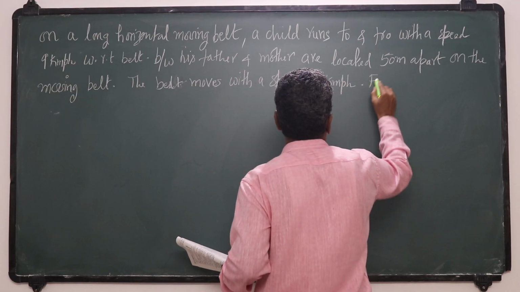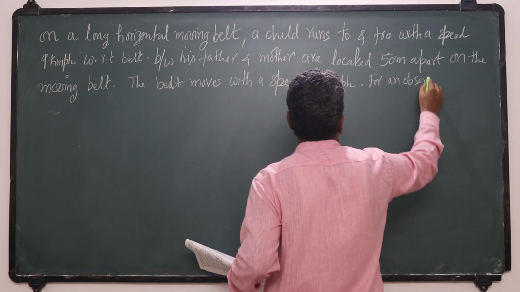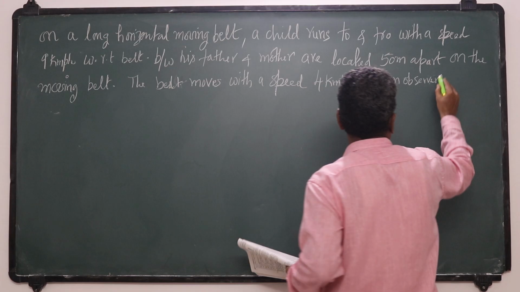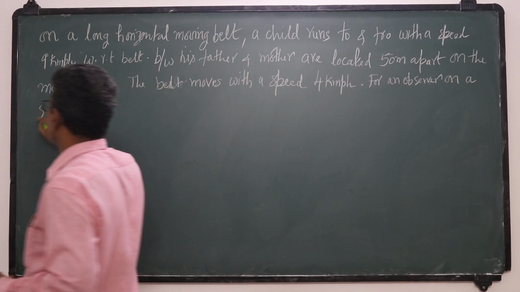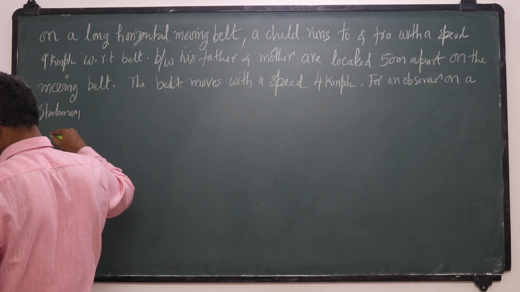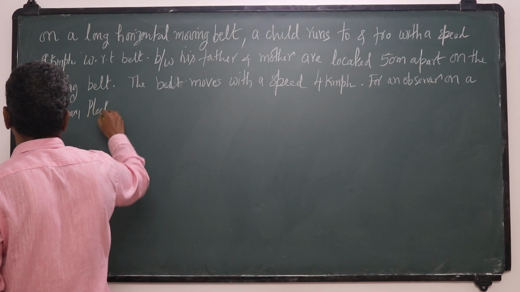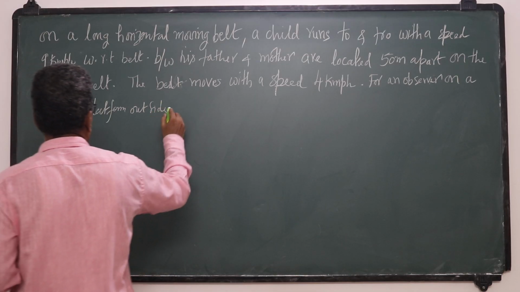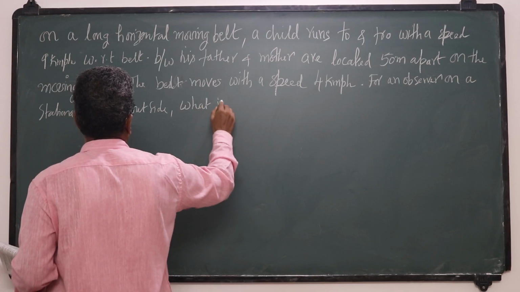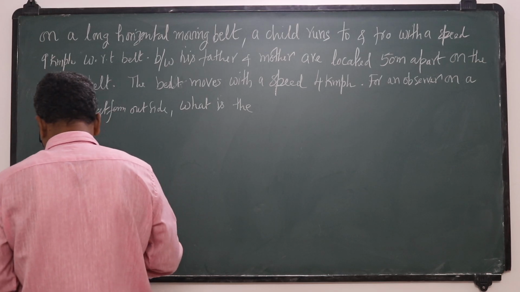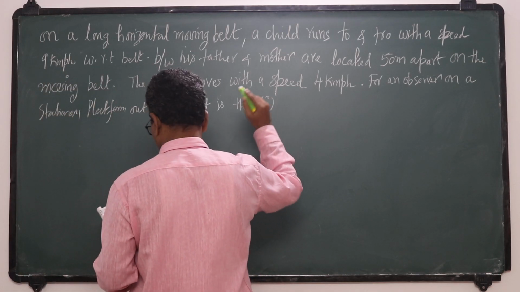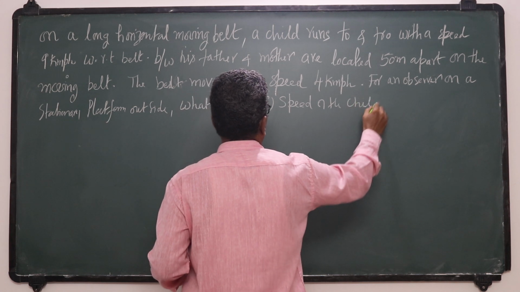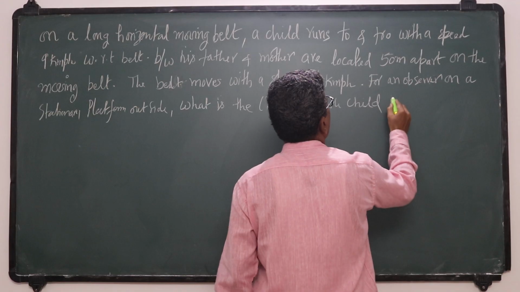For an observer on a stationary platform outside, what is the number 1, speed of the child in the direction of motion of the belt?